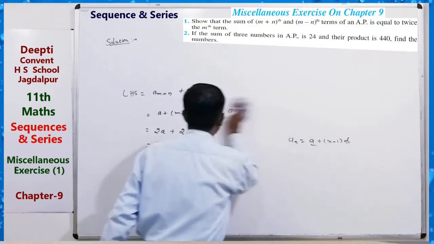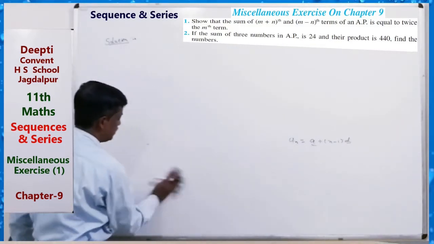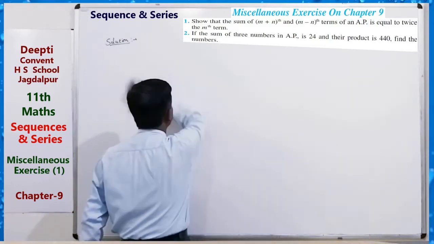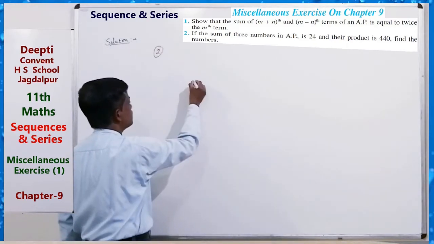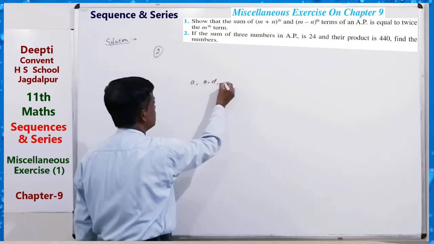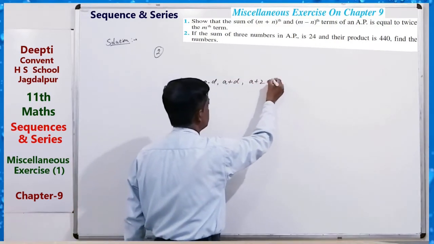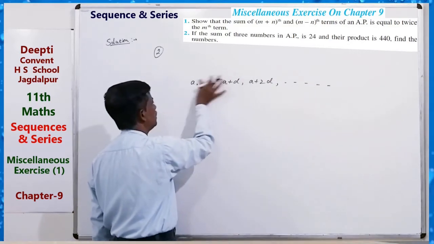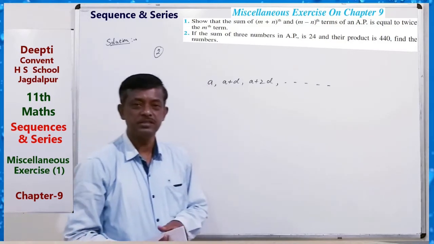So we know in general, we can take the numbers a minus d, a, a plus d. These are the numbers.